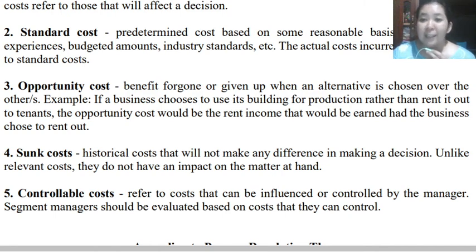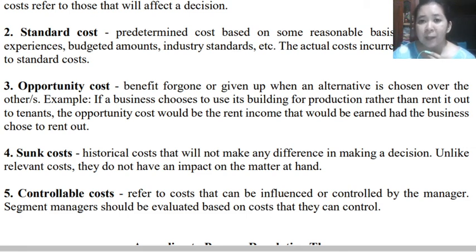For example, if a business chooses to use its building for production rather than rent it out to tenants, the opportunity cost would be the rent income that they would have earned had the business chosen to rent it out.